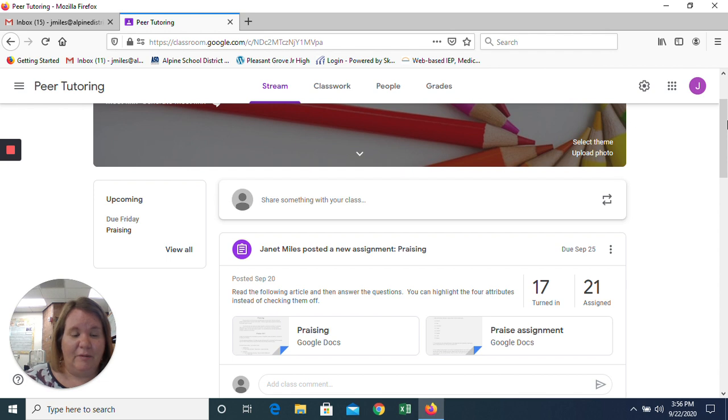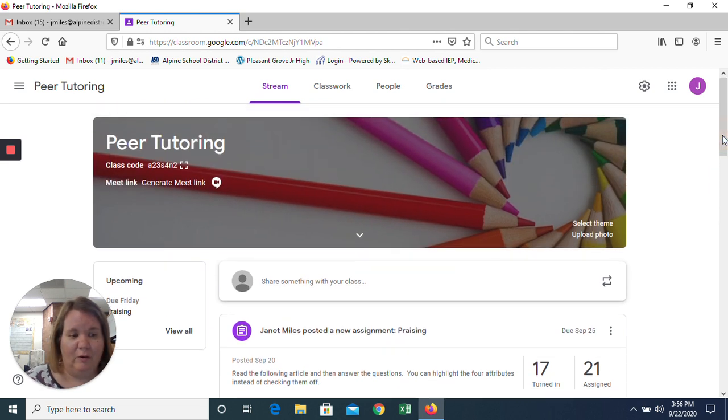They work a lot in my classroom helping my students one-on-one, and then sometimes my peer tutors go out to other classes where my students are at and help them in that class wherever they may be. So peer tutors are really important to me because they are able to fill in where I can't always be, or my aides can't always be.